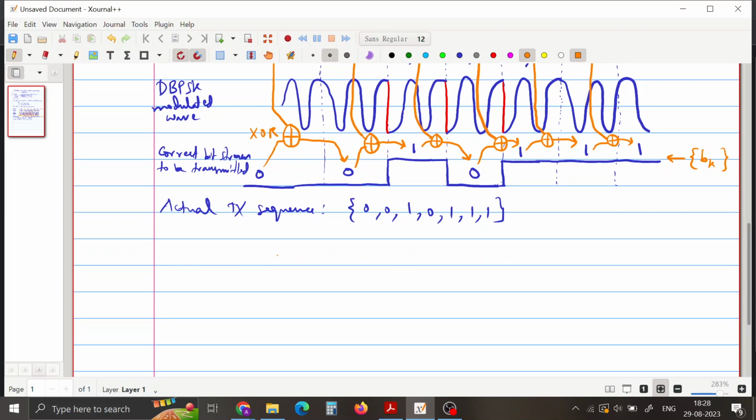I have the incoming bit stream, and I have this XOR.